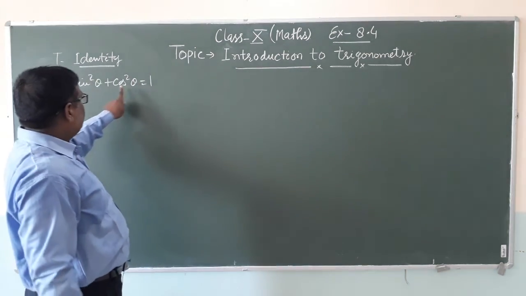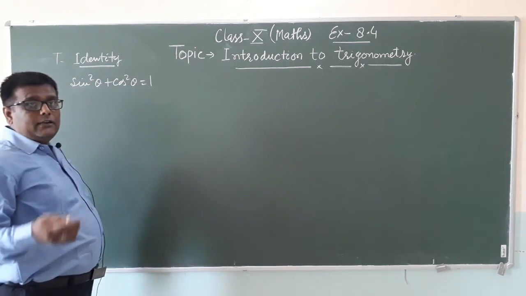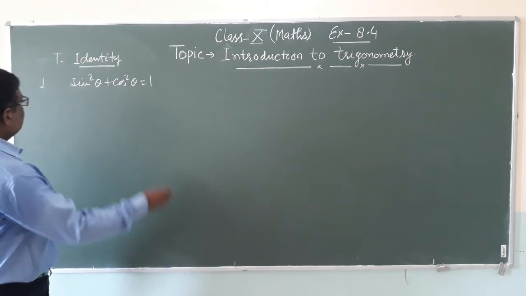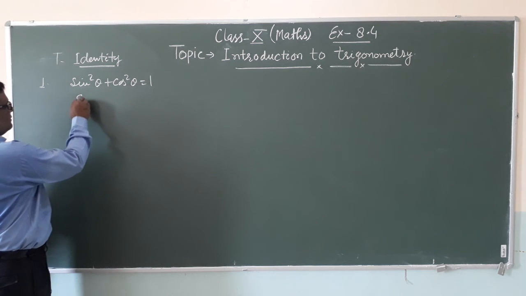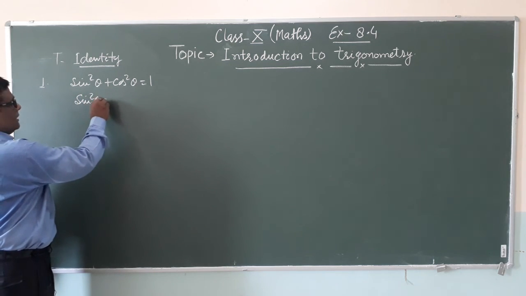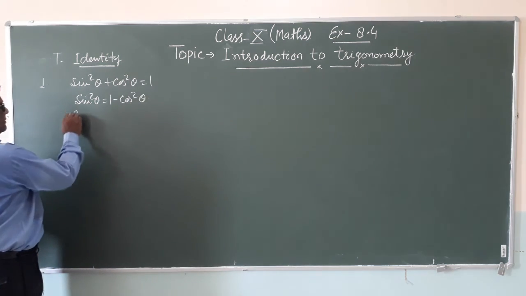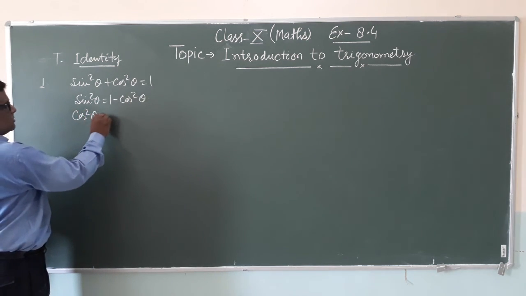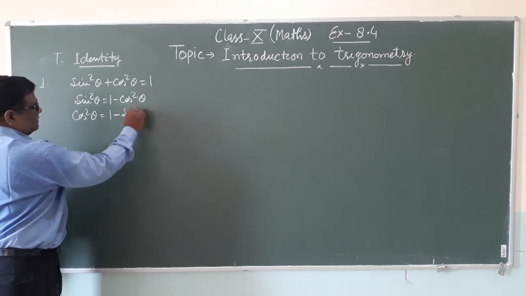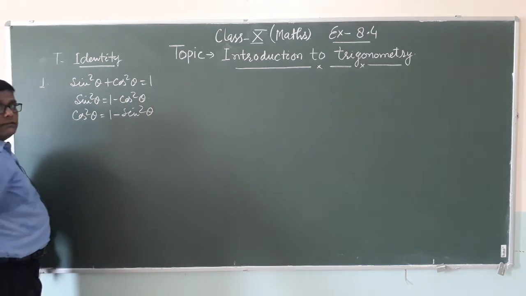Now we have to use these identities and write other formulas. First, sine square theta is equal to 1 minus cos square theta, and cos square theta is equal to 1 minus sine square theta.